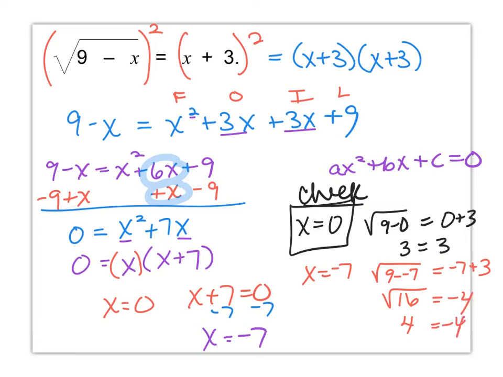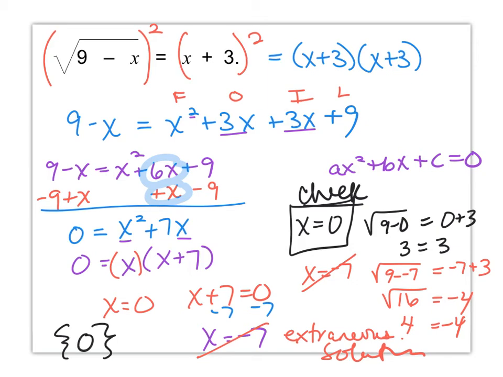So although we algebraically got the answer of x equals negative 7, we need to eliminate that as a possibility because it is an extraneous solution. So our only solution to the equation is x equals 0. We can write our answer as x equals 0, or we could also write this using set notation. So the solution set is 0.